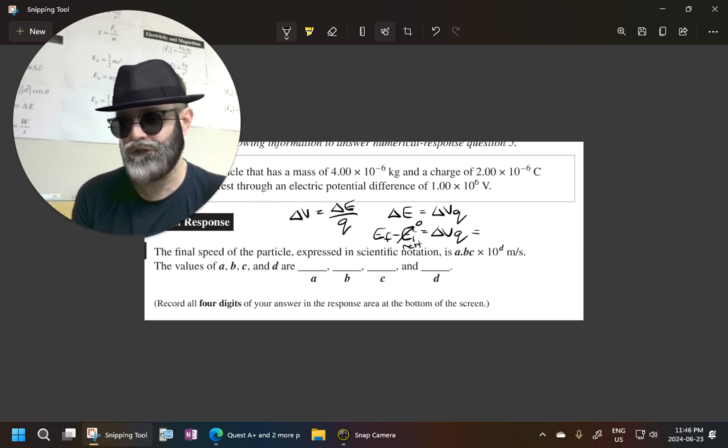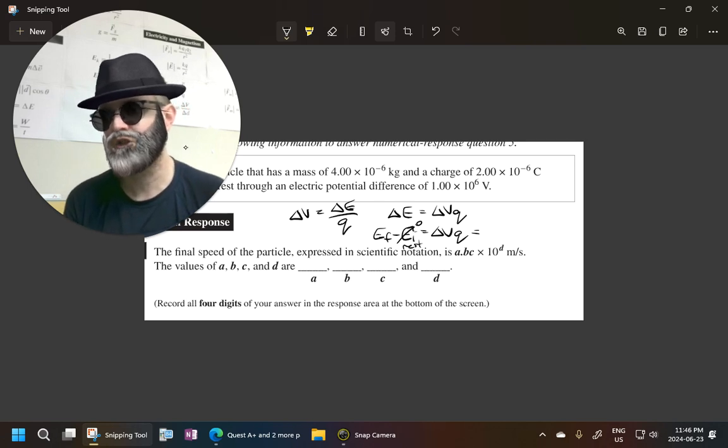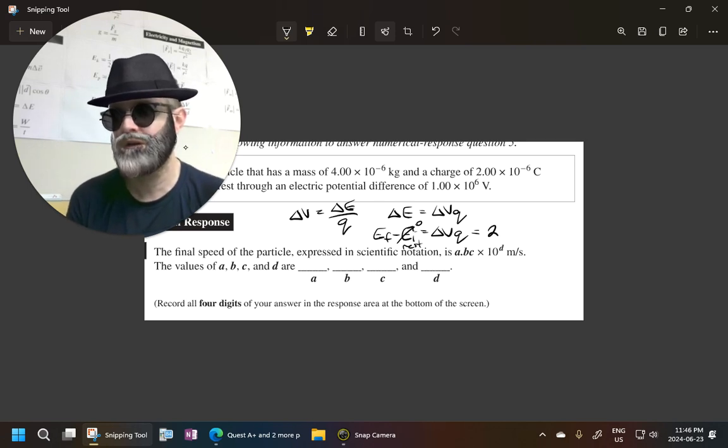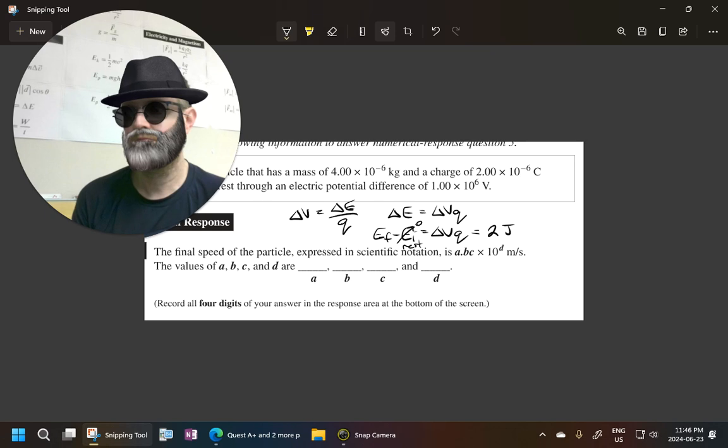So when I do this calculation, I'm really just getting the final kinetic energy. So I got the voltage, 1 million volts, that's a lot, times its charge. You get this nice number, 2. So I get 2 joules of energy.